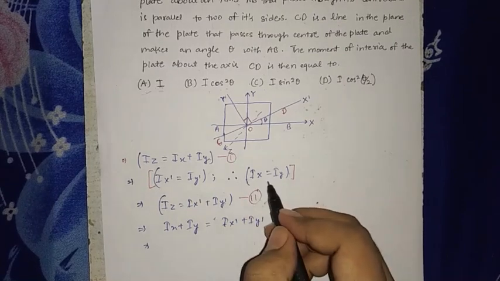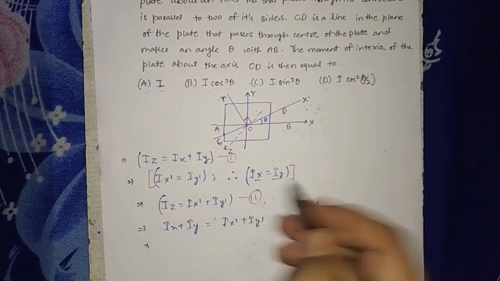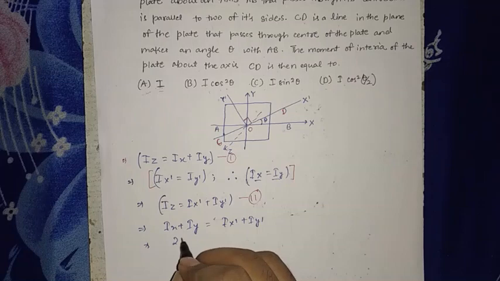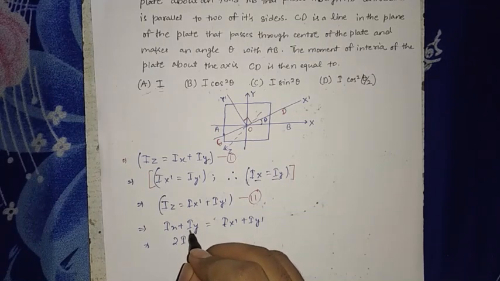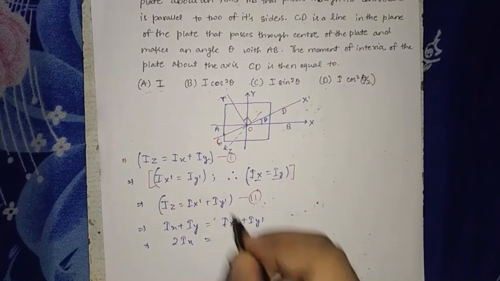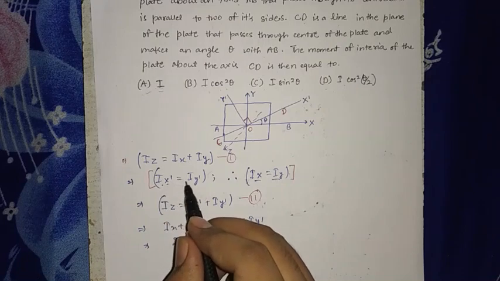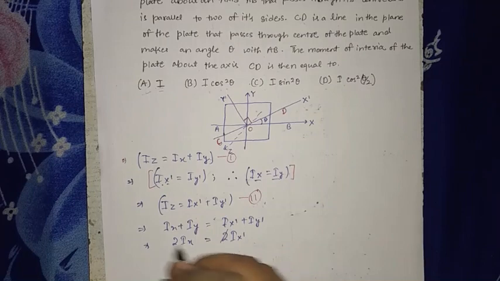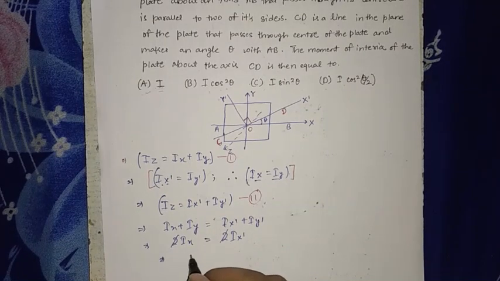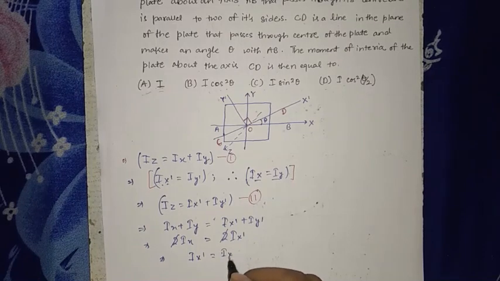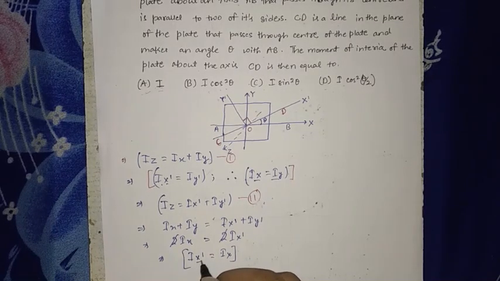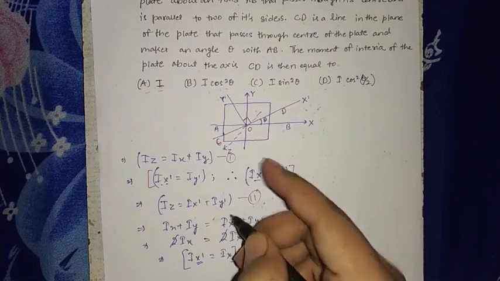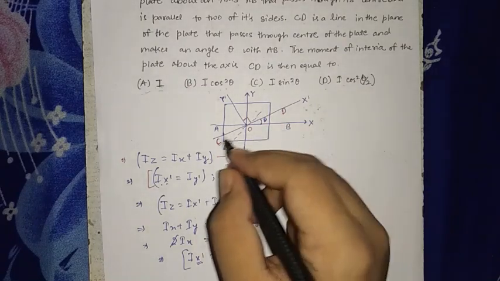Now we can see Ix is equal to Iy, which means this is 2Ix as we put Iy as Ix, and also Ix dash is equal to Iy dash, so here 2Ix dash, and the 2 cancels. So here we have found our answer. Ix dash is equal to Ix, and what is Ix dash? It is the moment of inertia of the square plate about the CD axis.